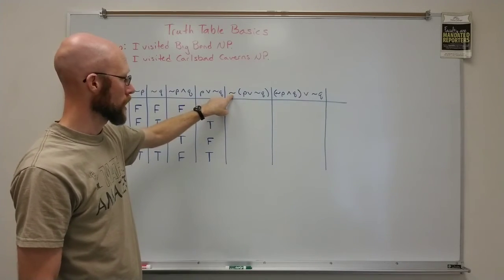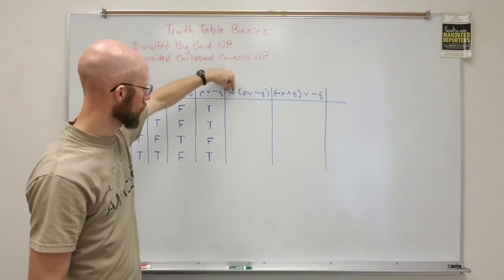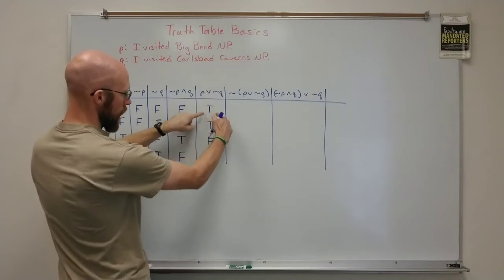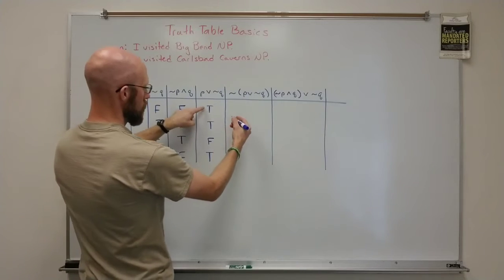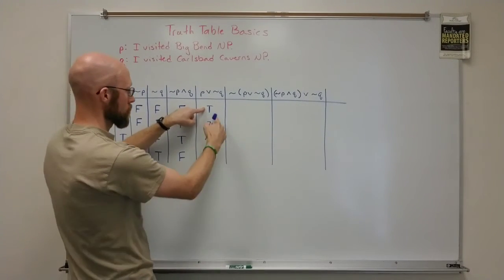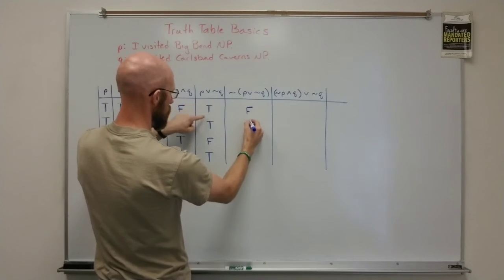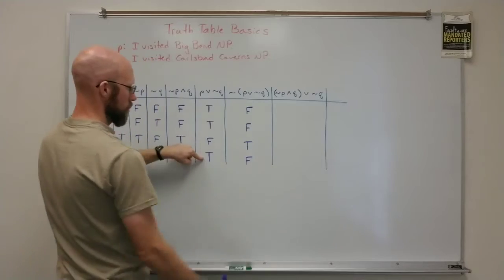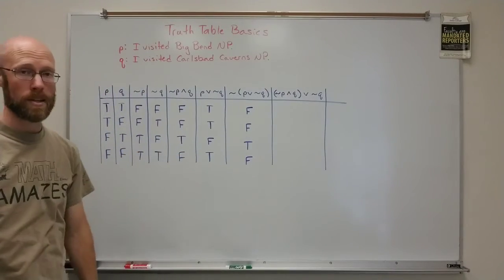So all I have to do is take its negation, right? So it's the negation of that column. So it's going to be the opposite of each of these four T's and F's. So we're going to have F, F, T, F. Okay, it's the negation of that column.